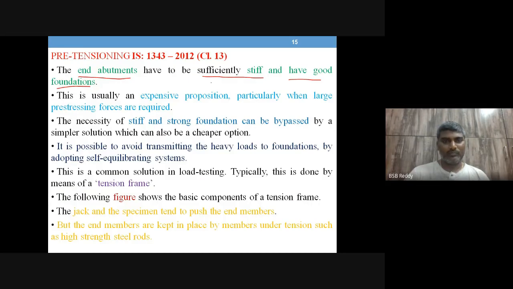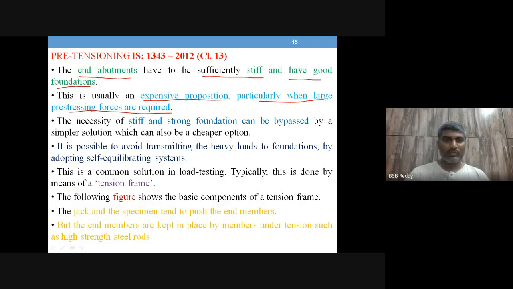It is usually expensive to make such end abutments, particularly when a large pre-stressing force is required. To make an abutment which is very strong and stiff is very expensive.